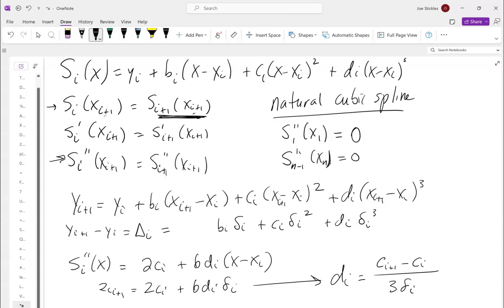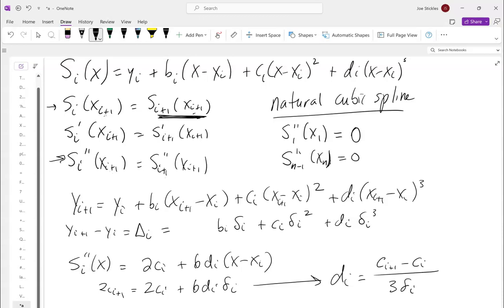So much like what we talked about with the quadratic splines that we did last week, if I know the C's, I can figure out the D's. Remember when we did the quadratic splines, we had A, B, and C to figure out. We worked with the B's, which I think are both called Z's, which doesn't matter.